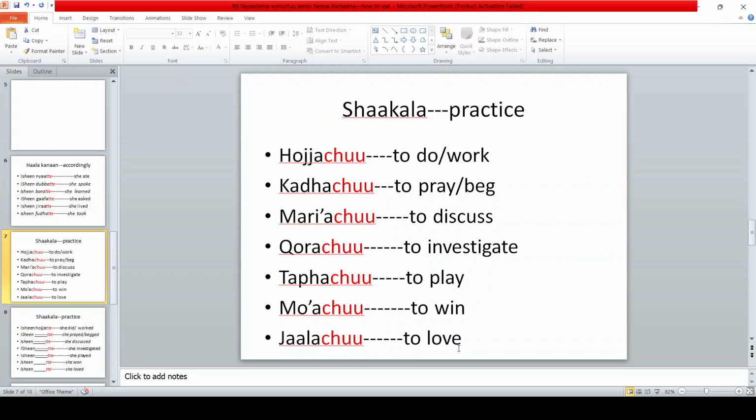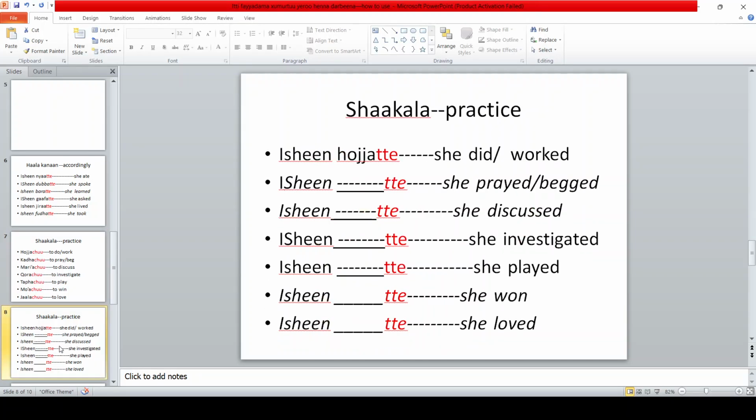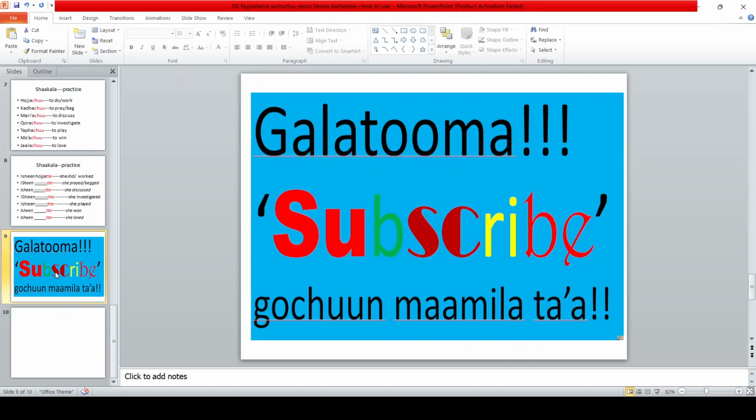We can talk about her by simply changing what? The chu verb, the chu into te, and make the sentence as we did before. Who can do that? So here is the form, already prepared.